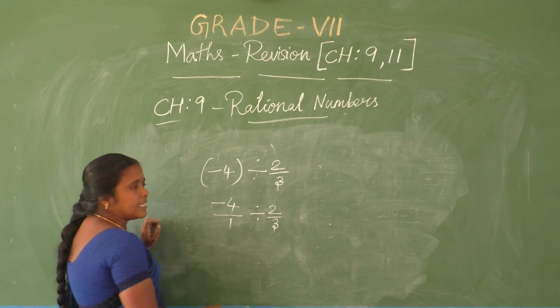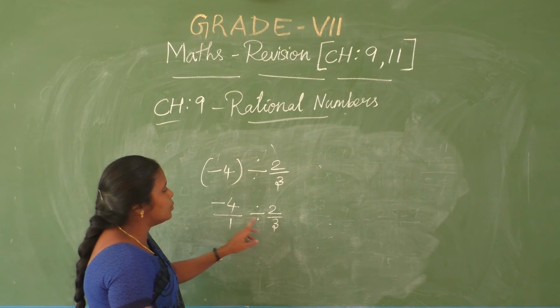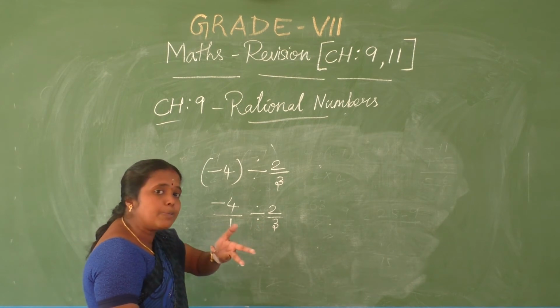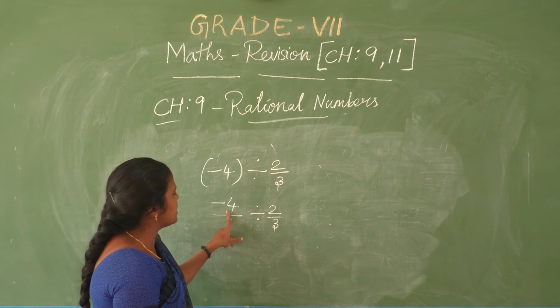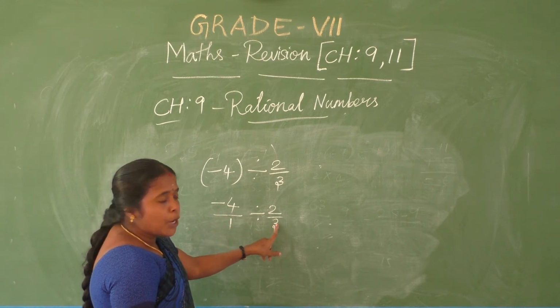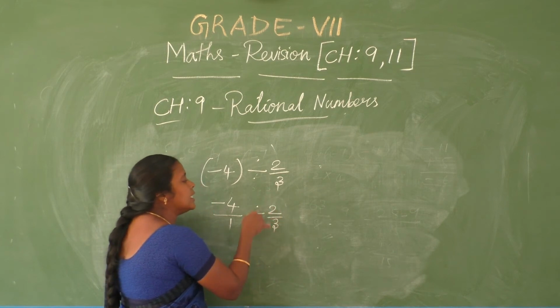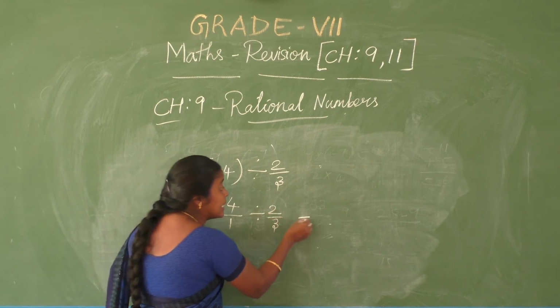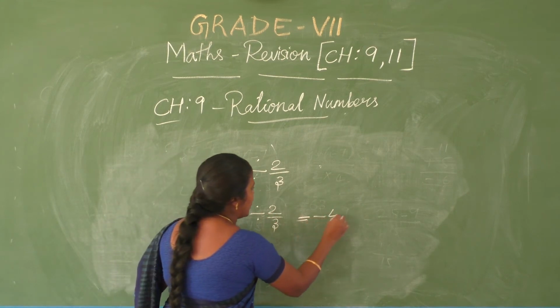Division of two fractions is the reciprocal of multiplication. That means for dividing any rational number by another, you have to take the reciprocal of the second fraction and then multiply. Only the second fraction is to be reciprocated. Minus 4 by 1 as it is.